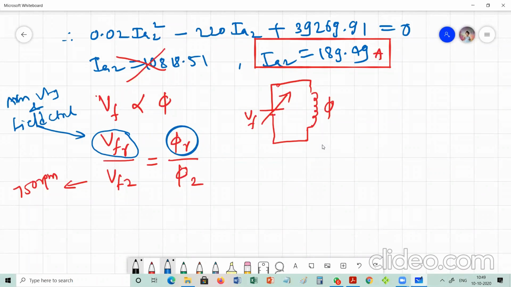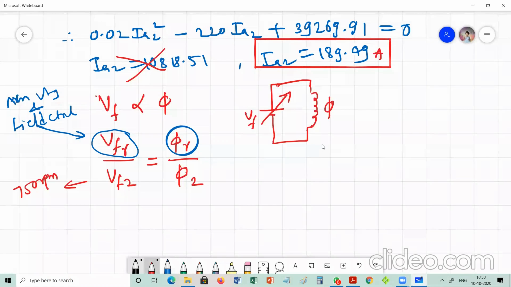This is the final point, or we can say this point is constant throughout the operation of armature voltage control, and it is going to be reduced in the case of field control technique. Means this is the final point in the armature voltage control technique and the initial point in the field control technique.